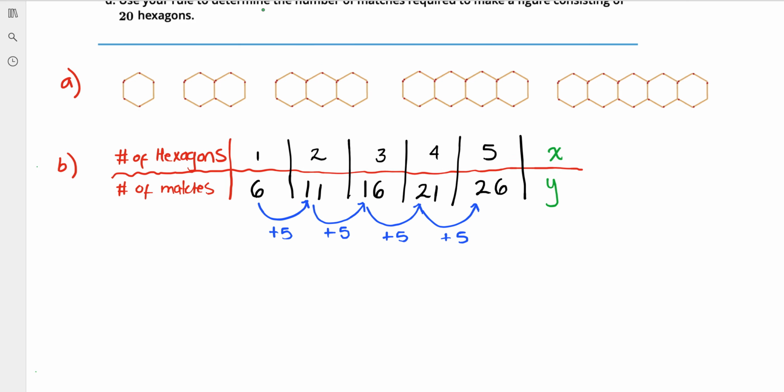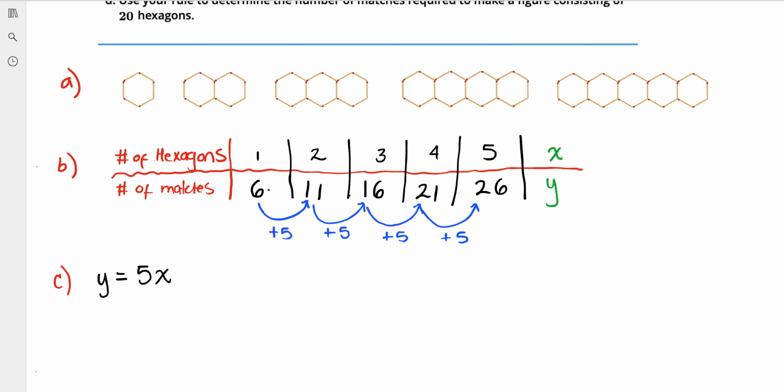So when I'm doing my rule, this is what I'm going to do. I'm going to say y, the number of matches, is going to depend on how many hexagons I have. So if I have 5 hexagons, I have to multiply by 5 each time. So I'm going to do 5x. But I have to adjust it because it's not only 5x. If I took the first example, 1 times 5 is 5.